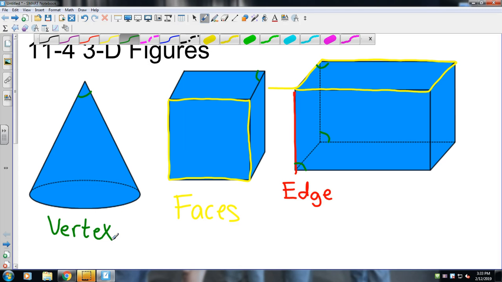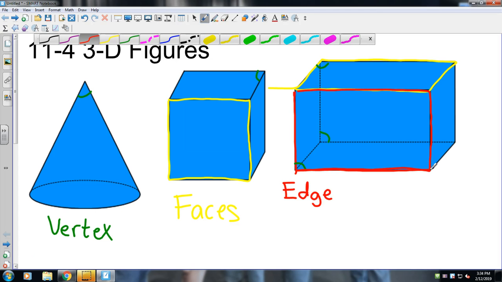Now, what makes the third one a rectangular prism? If I take all of the edges and connect them and I have a face, the other face on the opposite side is parallel to that, and the two faces that are also perpendicular to that, that is what determines that it is a rectangular prism.